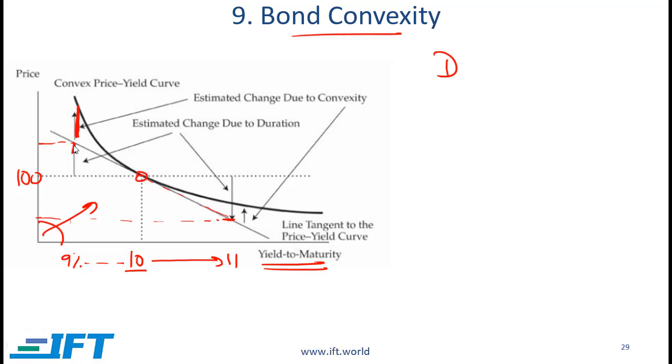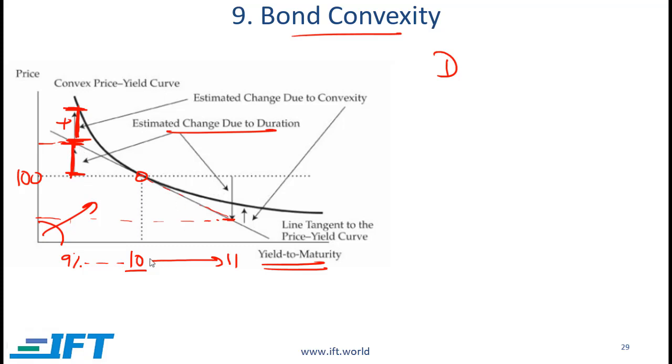This distance from here to here is the estimated change due to duration, and this distance from here to here is the estimated change due to convexity. And this distance is called the convexity adjustment. It is a number that we add on to the answer that we will get using duration.